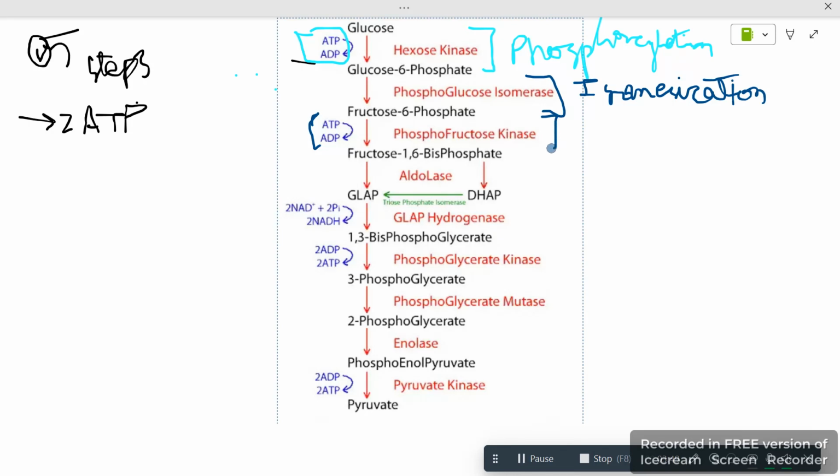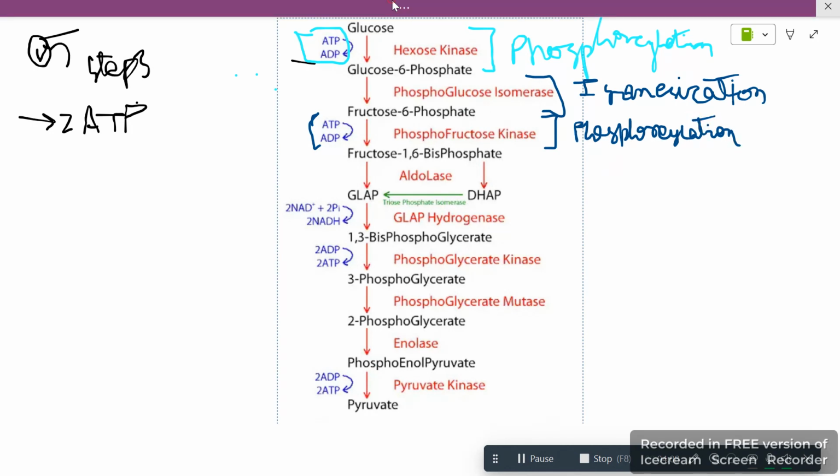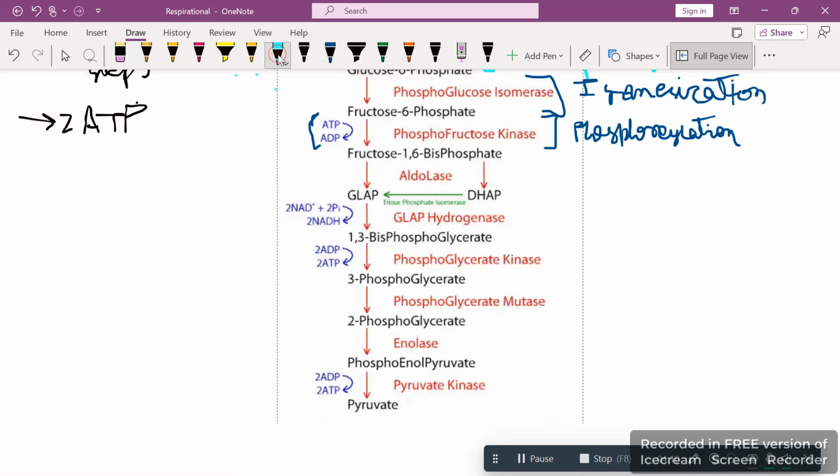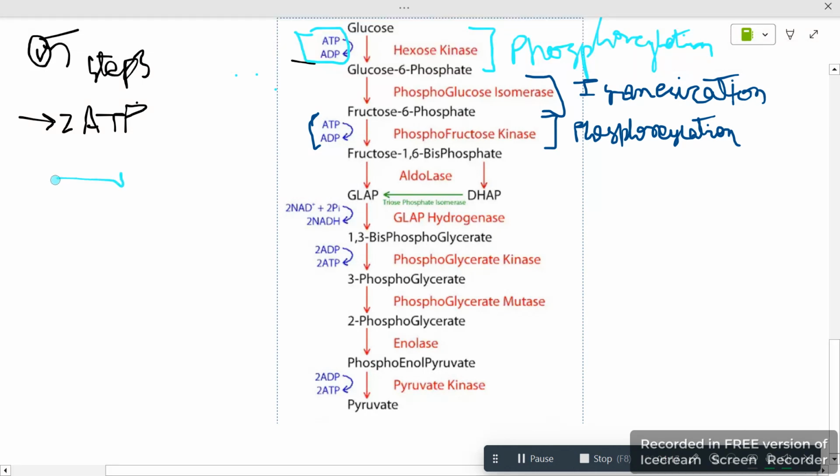The third step is named phosphorylation.